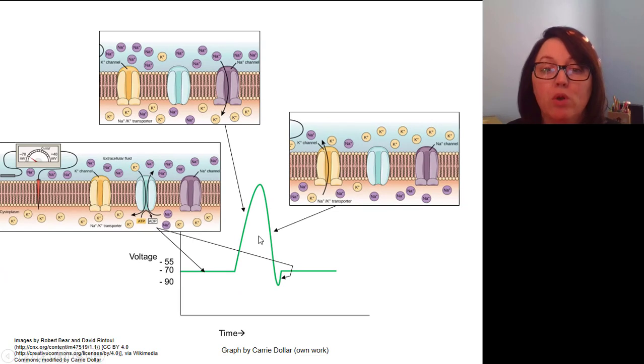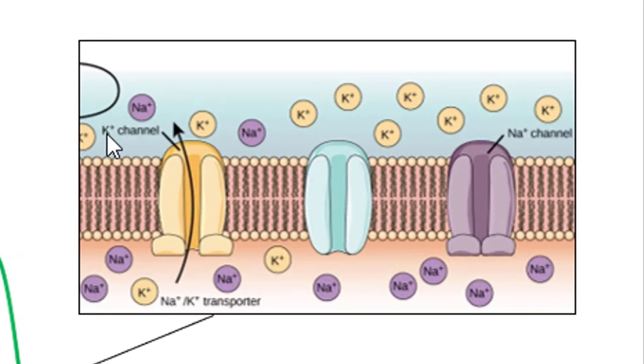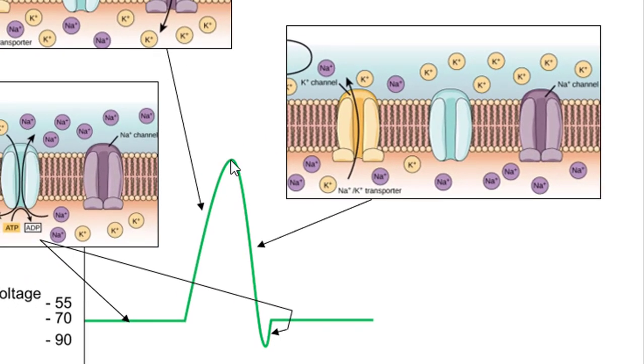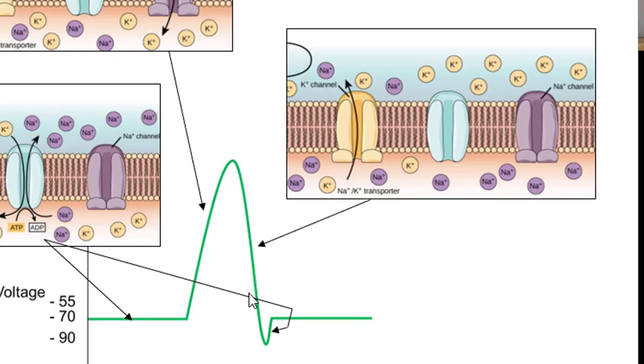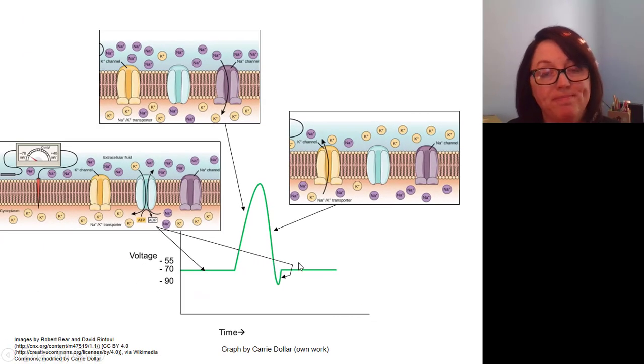The repolarization phase, moving from plus 35 down towards -70, is caused by the opening of voltage-gated potassium channels. When we open those channels, potassium diffuses out of the neuron, and as positive ions leave, the neuron becomes more negative inside, getting closer to that resting potential.